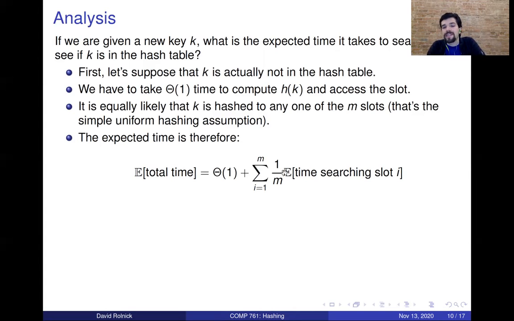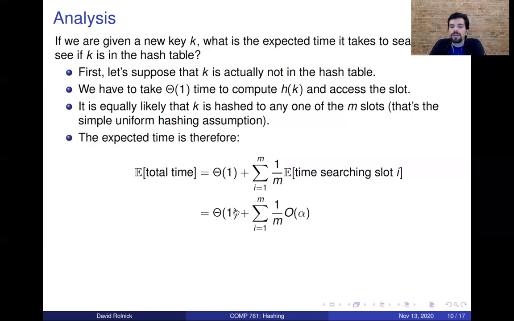So it's the expected length of the list in the slot, which is, sorry, I should have said theta of alpha. So remember, the length of a slot is just alpha, the load factor, n over m. And again, sorry, this is a theta, not a big O. I apologize for that.